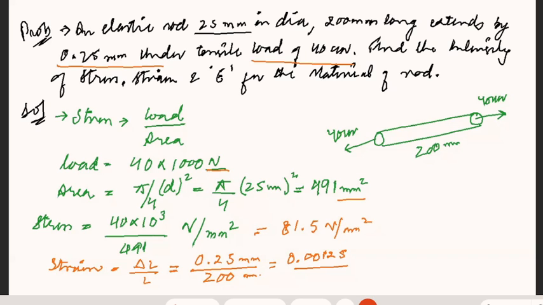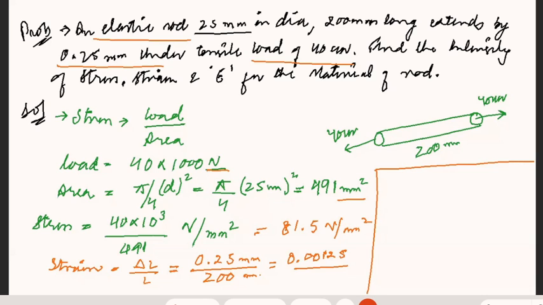Now this was with regard to calculating stress and strain. Then, if you want to know the modulus of elasticity on the basis of stress and strain of this very material, nobody has said whether this is steel, aluminum, or wood. We have simply mentioned an elastic rod.